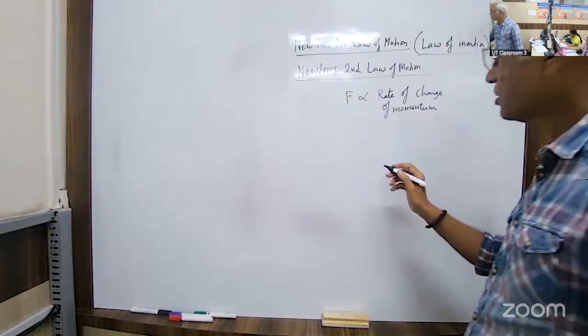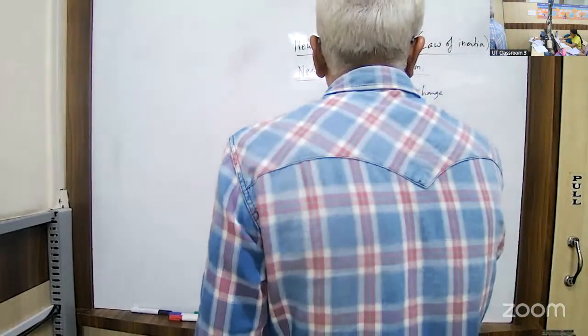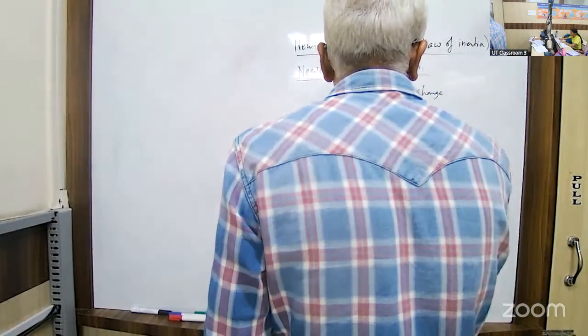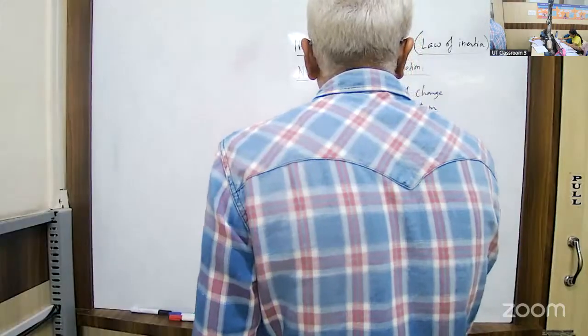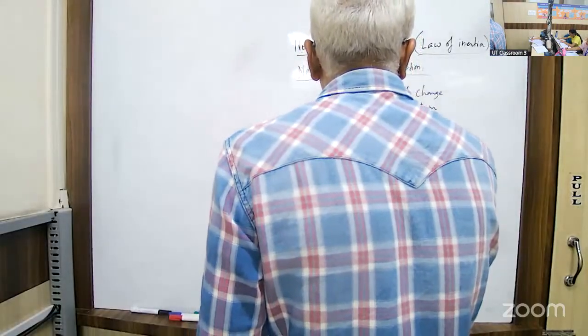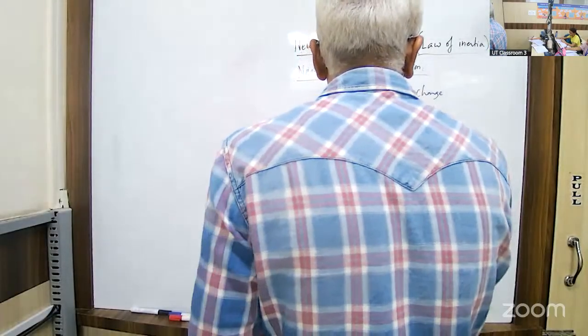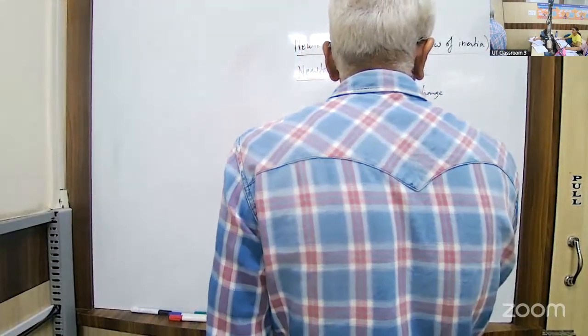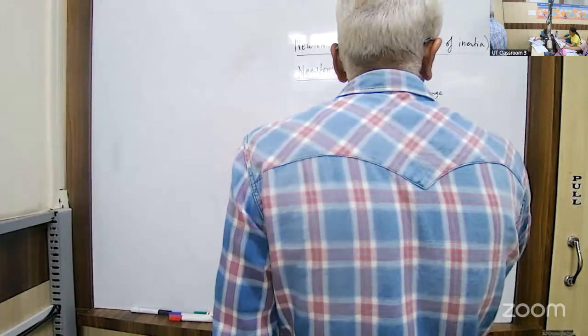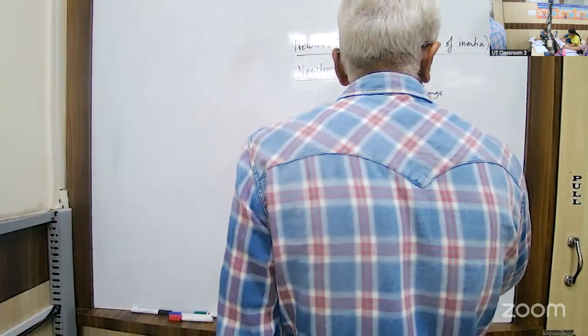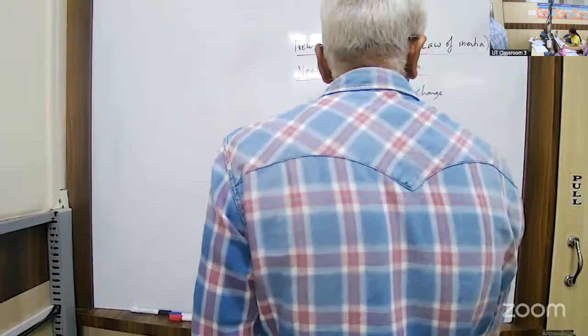Let me explain here. Suppose this is a body of mass m. Now when I apply a force on it, let us say it was initially moving with u. After some time, it will start moving with v.